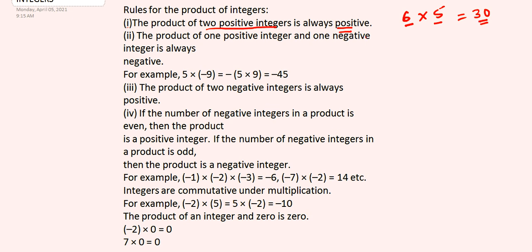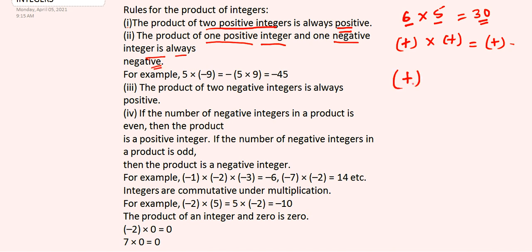Okay, so whenever you are having one positive integer multiplied by another positive integer, your answer is always a positive integer. Okay, then next, the product of one positive integer and one negative integer is always negative.